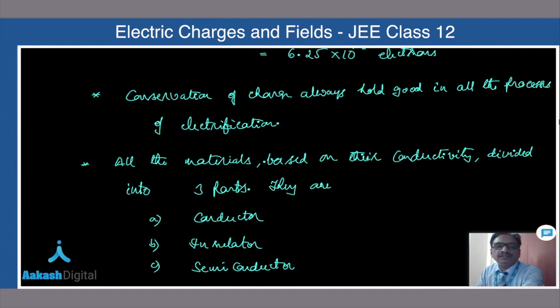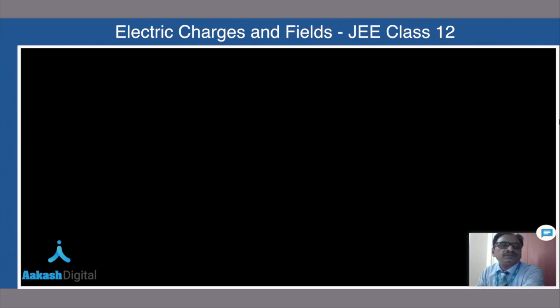Now we'll see the definitions of conductors, insulators and semiconductors. Let us see the definition, students. The first one is conductor. Tell me, what is a conductor?